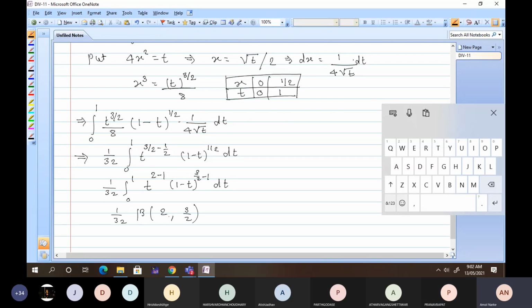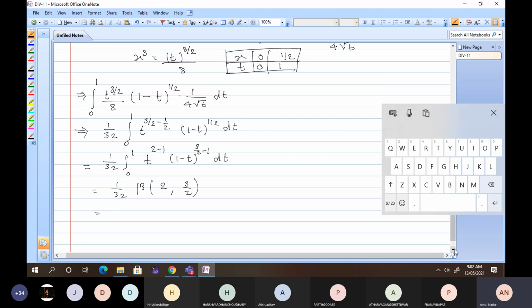Now you need to find this value. My problem is not over here. We have the relation of beta and gamma. What is that relation? 1 divided by 32 as it is.